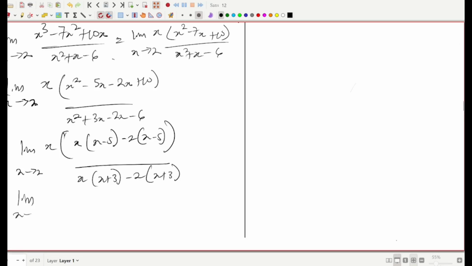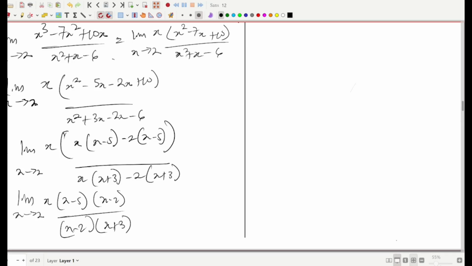So the limit as x approaches 2 of x multiplying x minus 5 in parentheses, multiplying x minus 2 in parentheses, divided by x minus 2, x plus 3. So you realize you can cancel out some of the expressions.